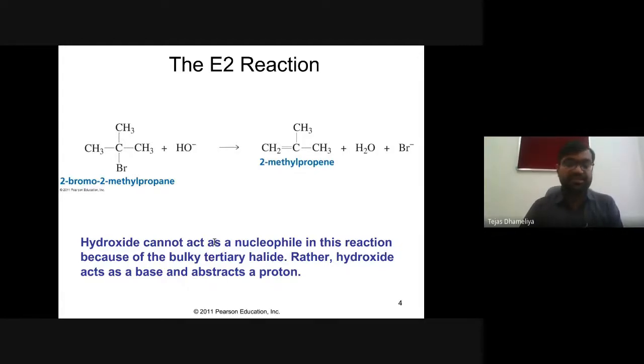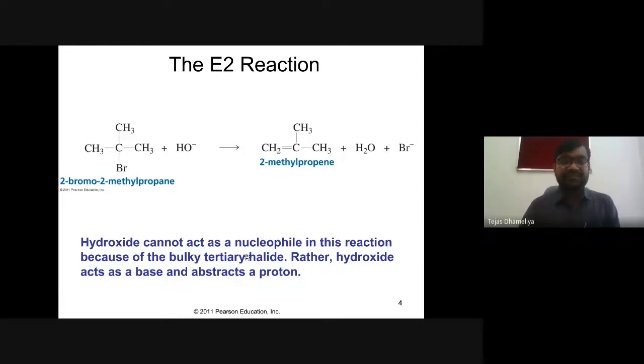Rather, hydroxide will act as a base and abstract the proton. So in this case, it will be more predominantly basic in character and less nucleophilic, acting more as the base and less as the nucleophile.